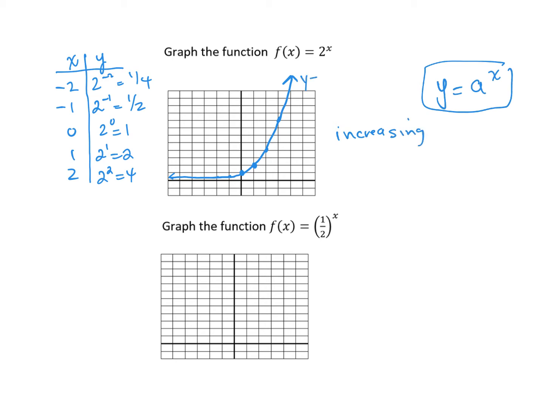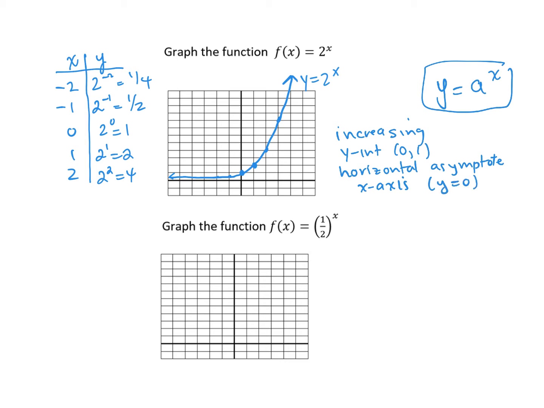Let's just label it. It has a y-intercept at 0, 1. It has a horizontal asymptote, because the curve approaches the x-axis but does not touch it. So that would be considered a horizontal asymptote.